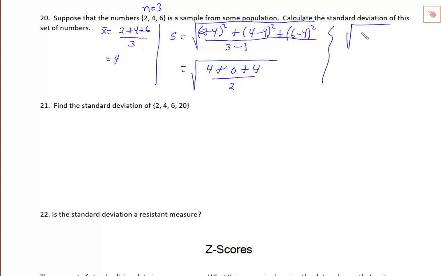I'll have 4 plus 4 is 8. 8 divided by 2 is 4. So before I take the square root, see this right here? This is the variance. And once I take the square root, the square root of 4 is 2. This is the sample standard deviation.